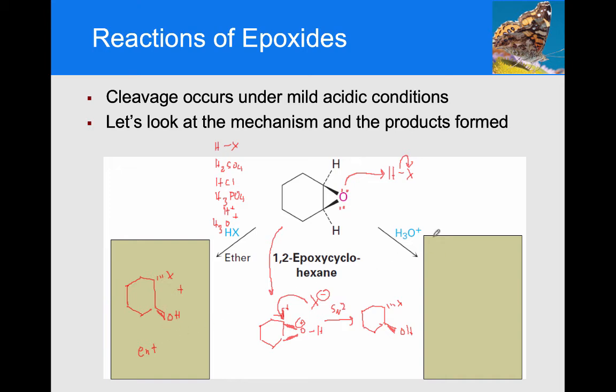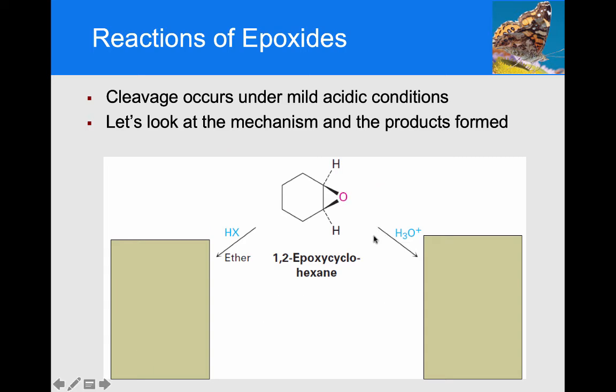So we can do the same type of reasoning if we react it with H3O plus instead of HX. So let's see what happens if I react it with H3O plus. Remember, H3O plus is an acid, and when you see H3O plus, what's nice is to think of it as H plus and H2O, water.